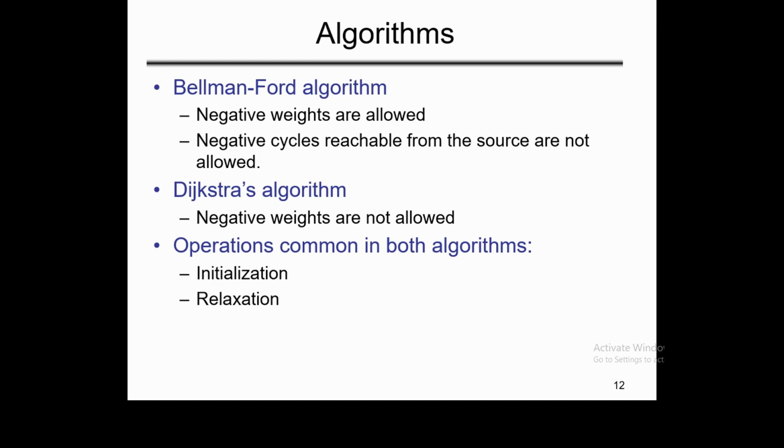So that's why in the Bellman-Ford algorithm we do the relaxation mod of V minus 1 number of times.